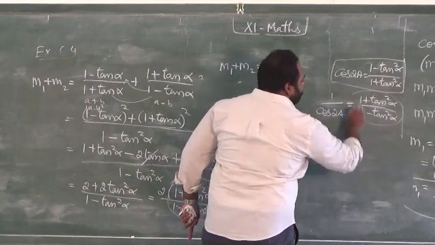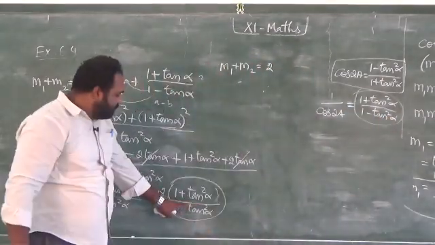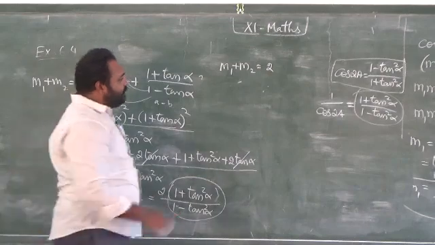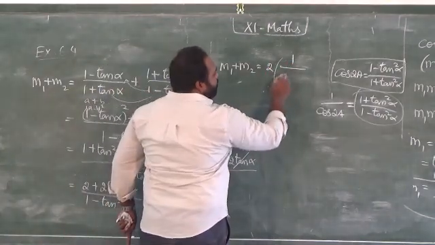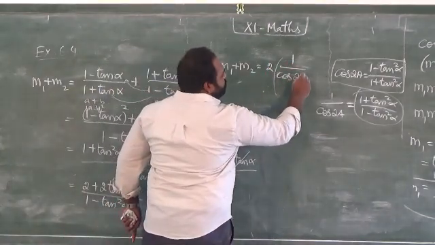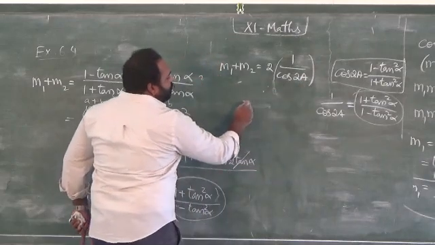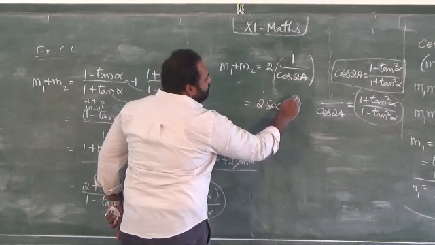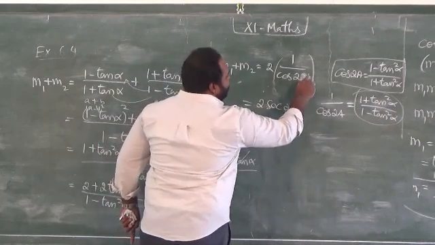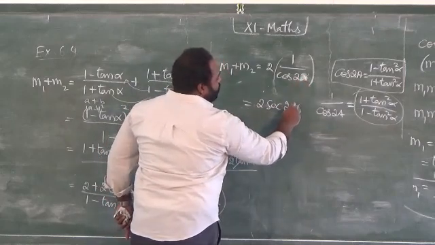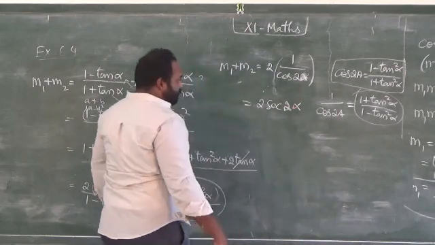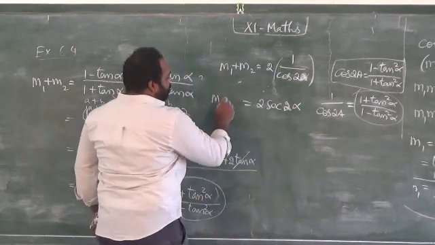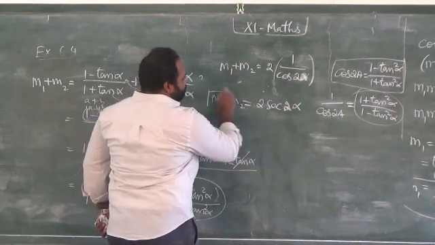So instead of (1 plus tan square alpha) by (1 minus tan square alpha), I can write 1 by cos 2 alpha, which we can write as secant 2 alpha. So this is the M1 plus M2 value.